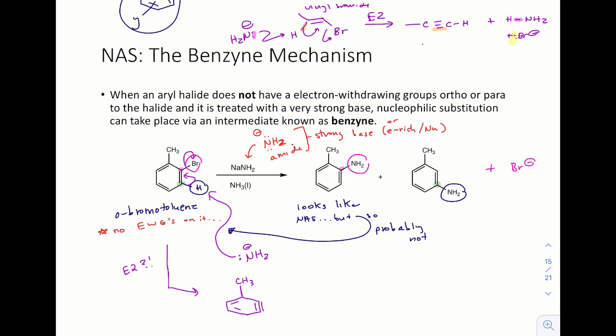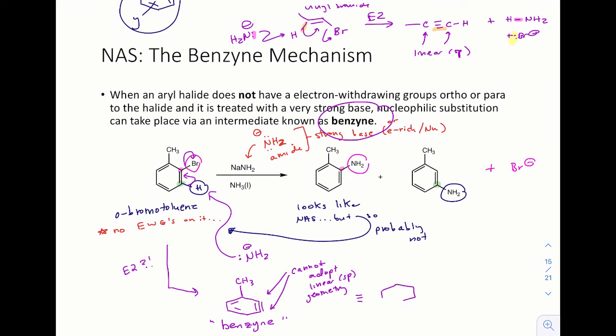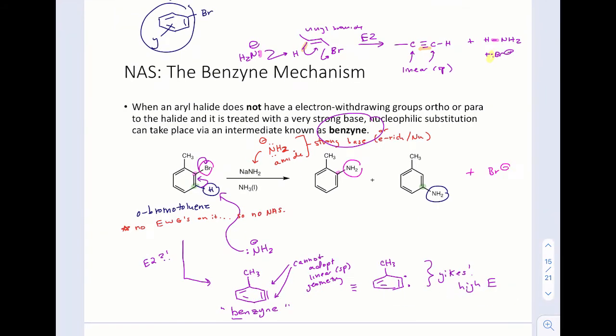However, whereas these two carbons can adopt a linear geometry consistent with sp hybridization, the two carbons in this crazy wild intermediate down here at the bottom, which is referred to as benzyne, cannot adopt linear geometry. And thus, this species is more akin to a diradical.